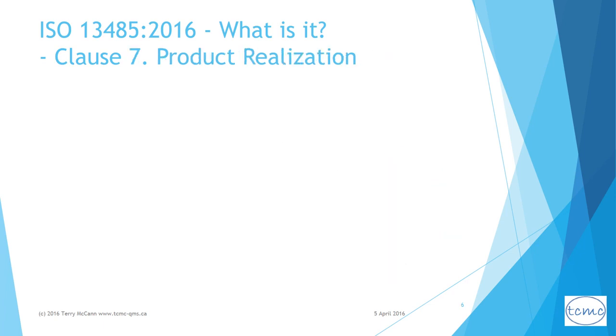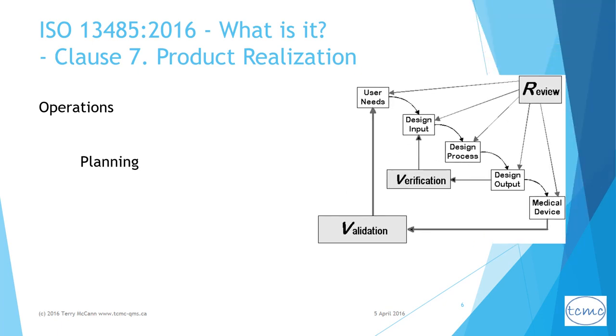Clause 7 contains a very large set of requirements covering the whole of operations, starting with having to plan and develop the processes needed for product realization. Thus, you have to set product quality objectives, identify product realization requirements, and establish arrangements for communicating with customers and medical device regulators.